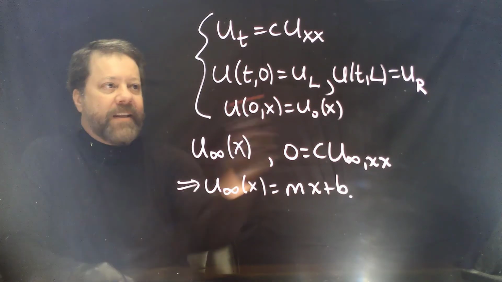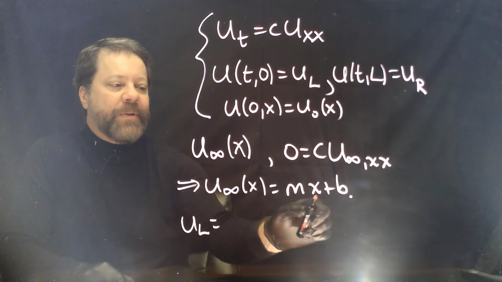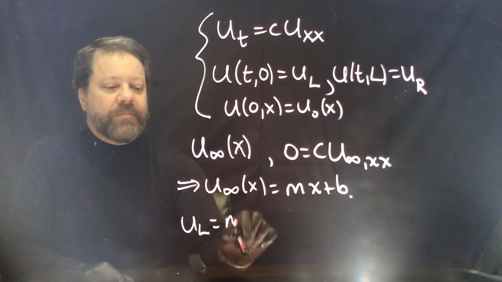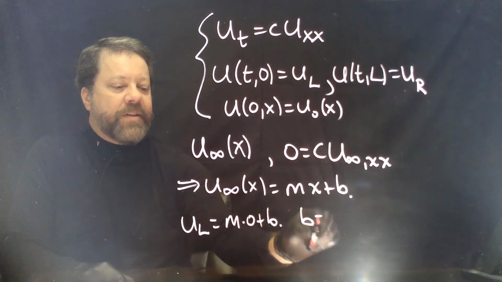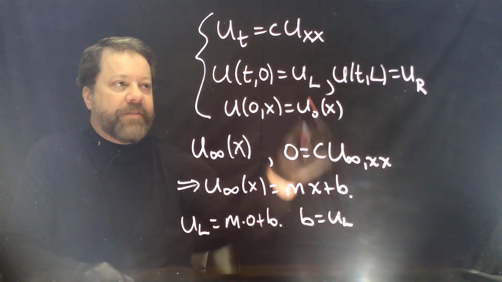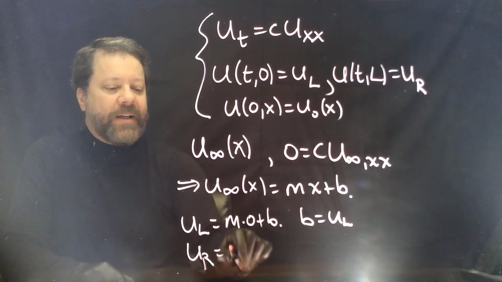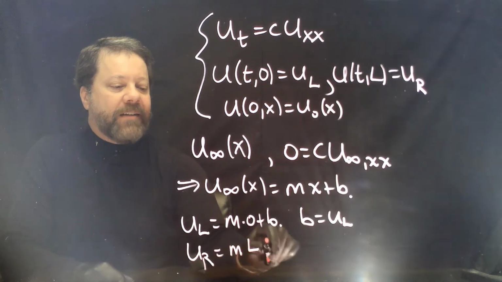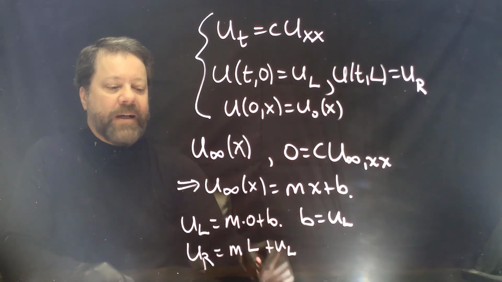To satisfy the boundary data, U left must be what happens when you plug in 0, so that the constant b is the left constant state. U right is what happens when you plug in L. B is now U left.